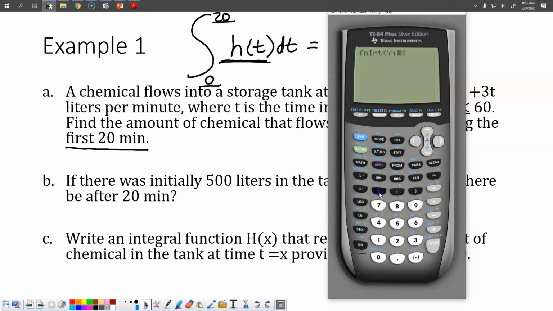All right, next we're going to push. Does anybody have one of these ugly calculators like me? You do? It looks like that. So the next thing you have to do is push comma x, and then comma 0, comma 20. You have to put the x so the calculator knows what variable you're integrating, and then 0 and 20 represent the time limits. And so we should be getting 4,200.